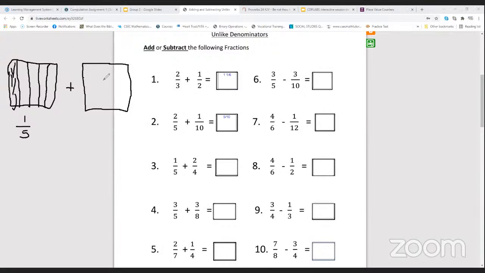All right, and then next we're going to shade 2 parts. So that's 2/4. That's good.